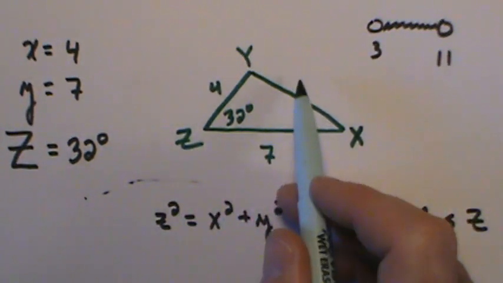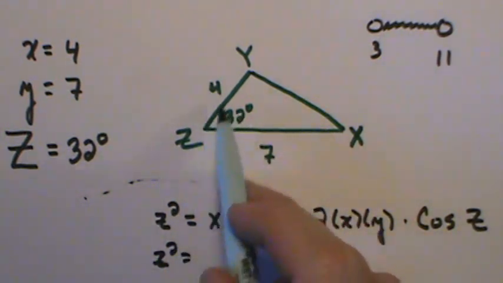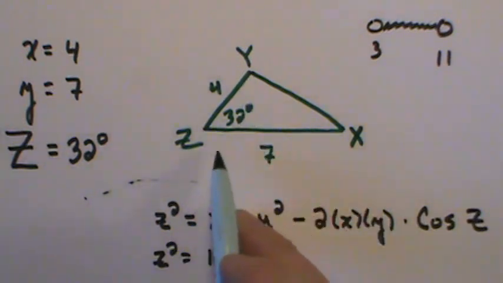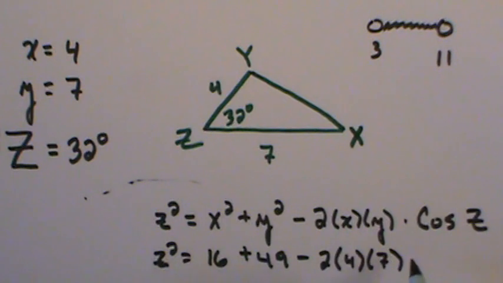I don't know the little z, so I'm going to say z squared is equal to x, side x is 4, so 4 squared would be 16, y is 7, side little y is 7, so that's squared is 49, minus 2 times 4 times 7 times cosine. Now I have this angle, that's 32 degrees.